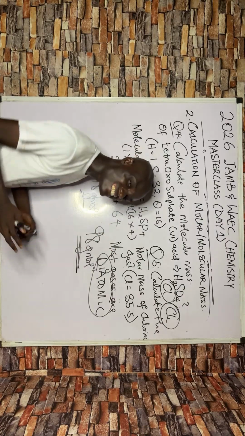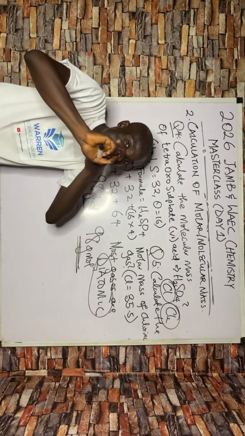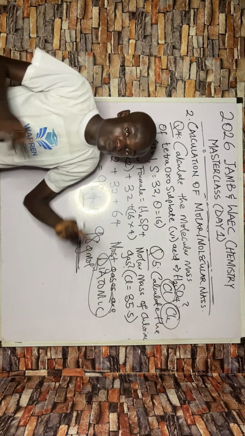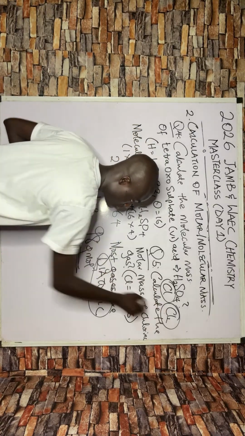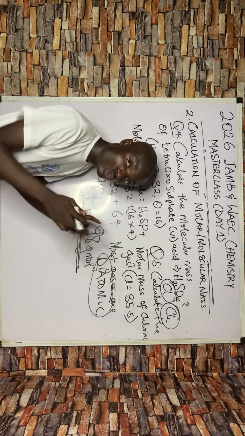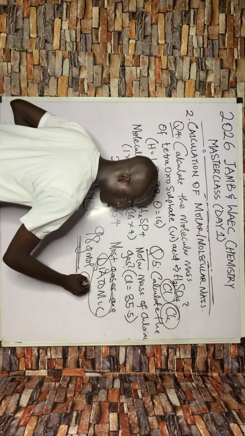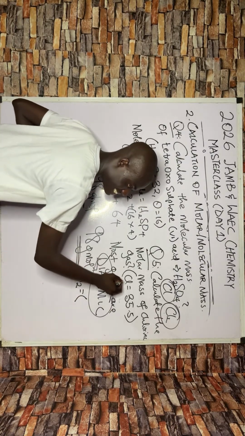So most gases exist in a paired atom. They usually exist as two atoms together. So chlorine will not be Cl, but rather it will be Cl2. So that means two chlorine atoms have been bonded together. Now, for Cl2, the mass will be, one atom of chlorine is 35.5.